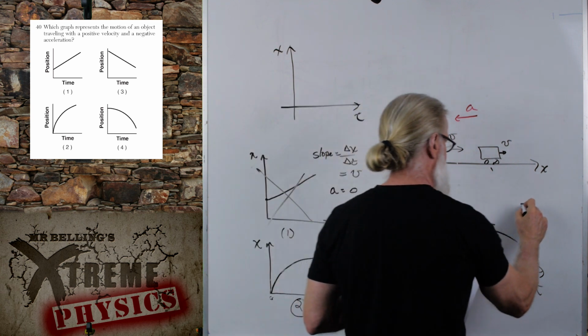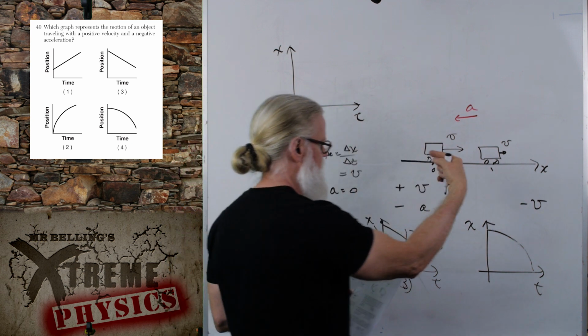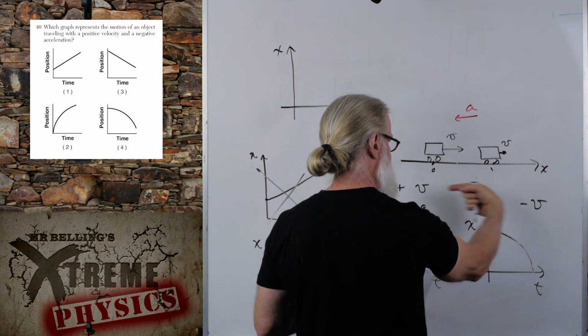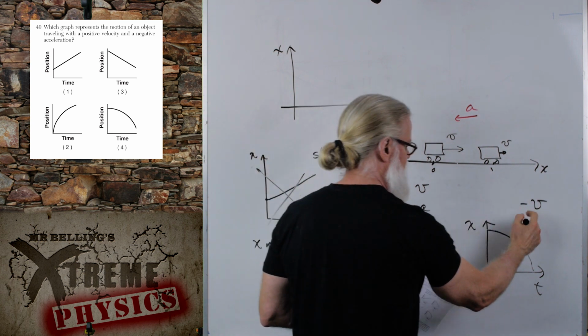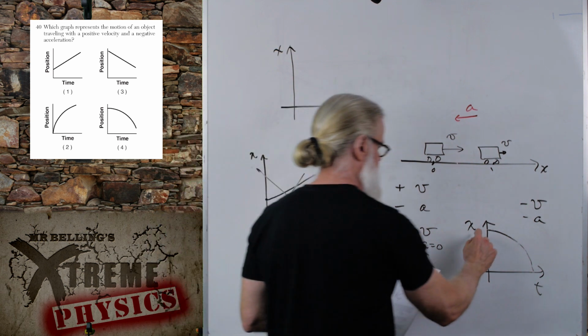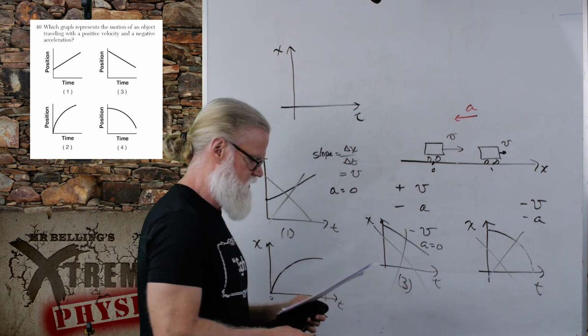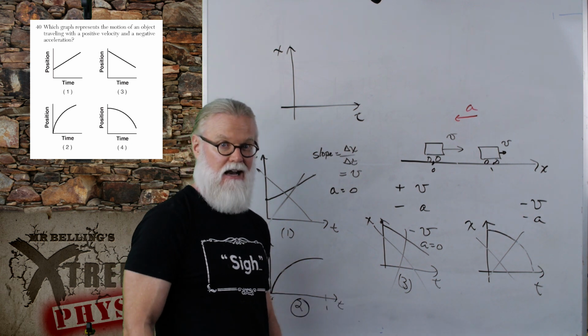It is speeding up in the direction of its velocity, so it is also a negative acceleration. But that's no good because of the negative velocity. So it looks like 2, I'm thinking. I'm thinking 2. I'll hear about it on YouTube if it's not.